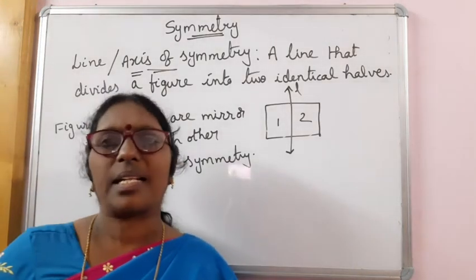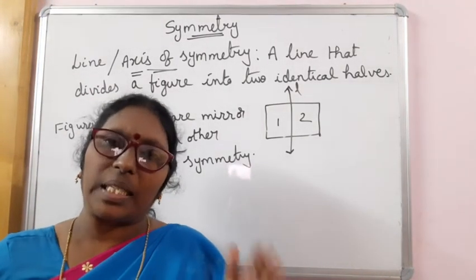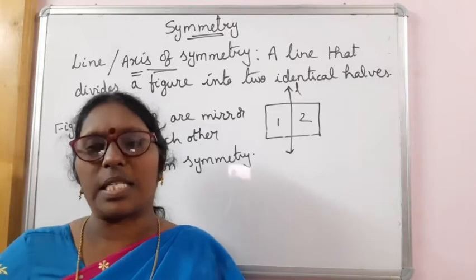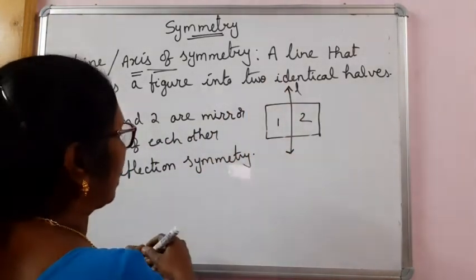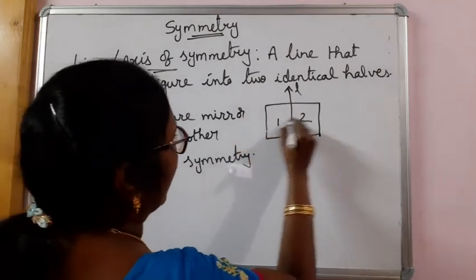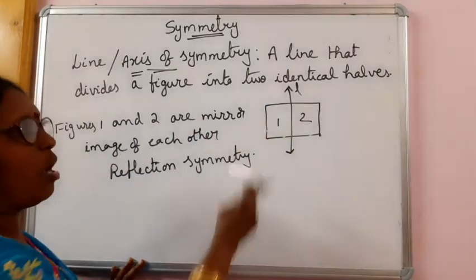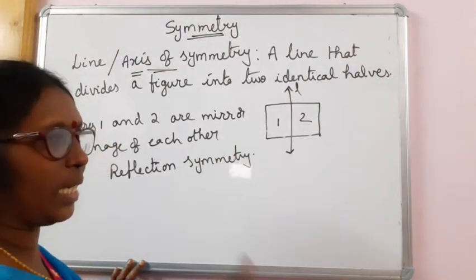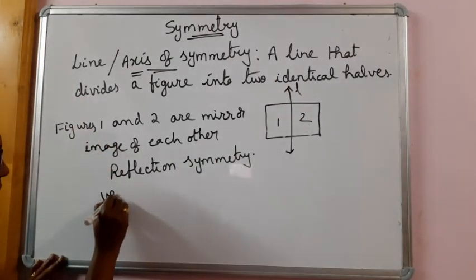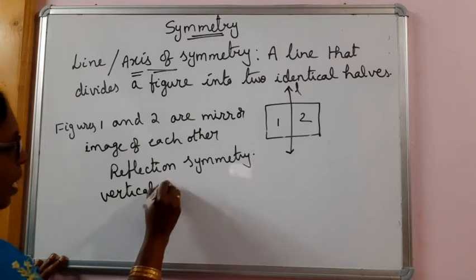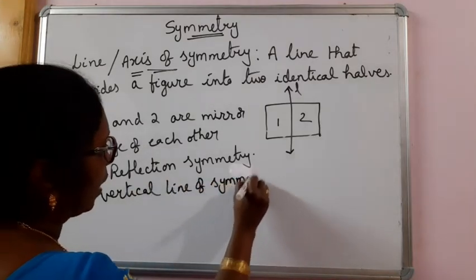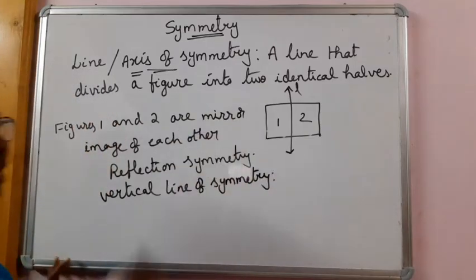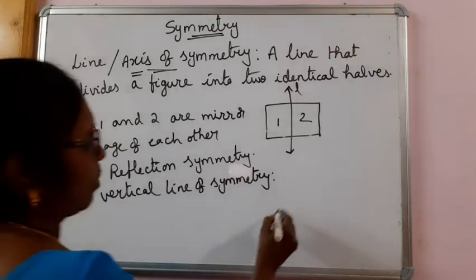For better understanding, vertical line means standing line, horizontal line means sleeping line. Actually a rectangle can be divided horizontally also, but here I have shown the vertical line only. So vertical line of symmetry means if a vertical line divides the figure into two equal halves, then that line is said to be vertical line of symmetry.